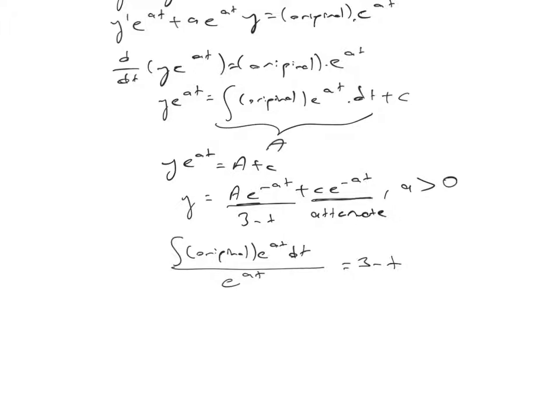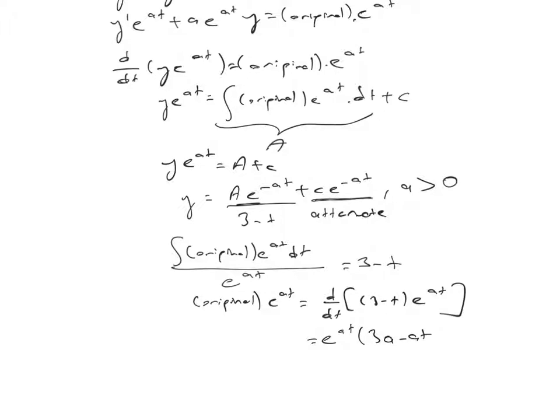By differentiating both sides, we get the original part times e to the at is equal to d over dt of 3 minus t times e to the at, and it's equal to e to the at times 3a minus at minus 1. So the original part is equal to 3a minus at minus 1.